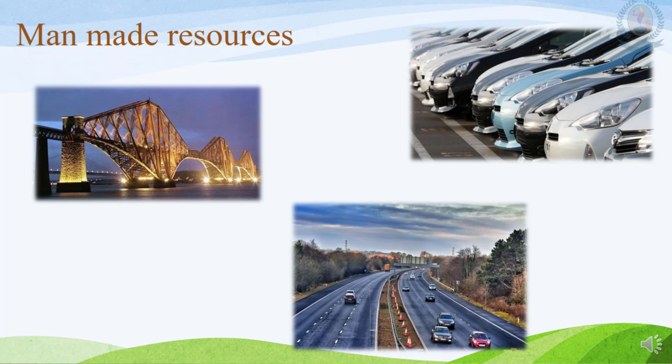So children, I told you before, when humans use natural things to make something new that provides us value to our lives, we call them man-made resources. So buildings, vehicles, roads are a few examples of man-made resources.